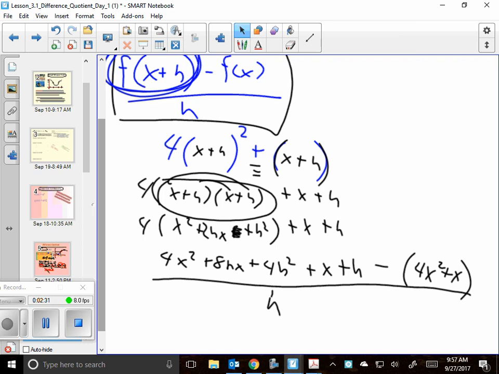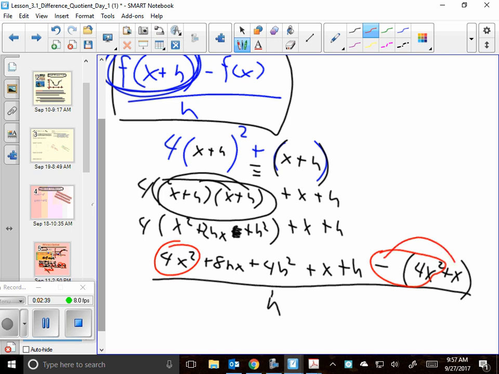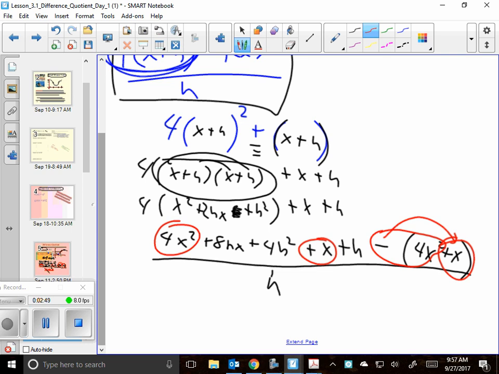So let's see what cancels. The negative 4x squared here, and this 4x squared will cancel. This negative goes on the x, which will cancel off this positive x here. So all the stuff I have circled in red then is canceled. What I have left on the top has an h in everything. H comes out.